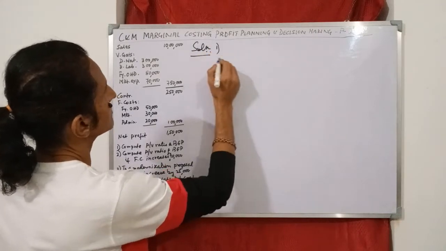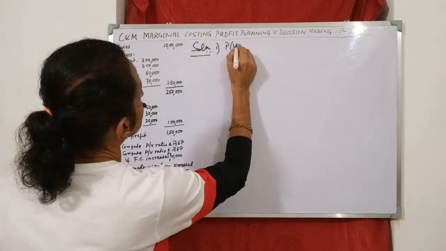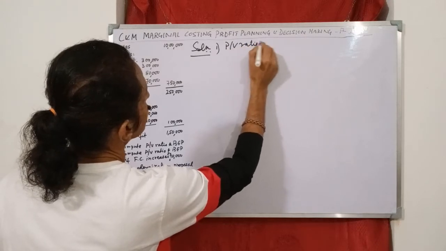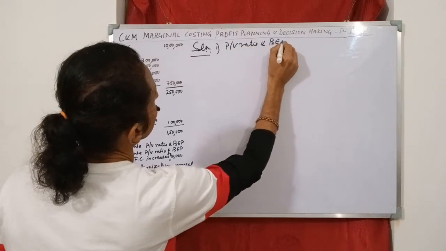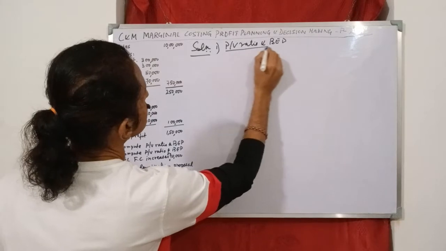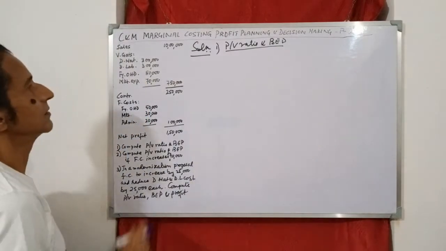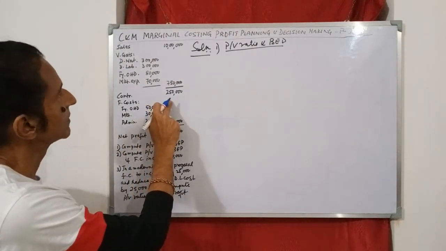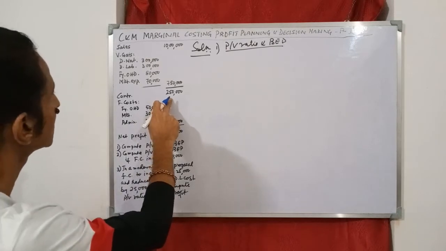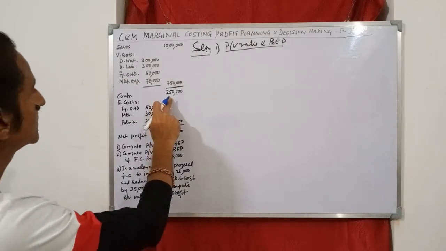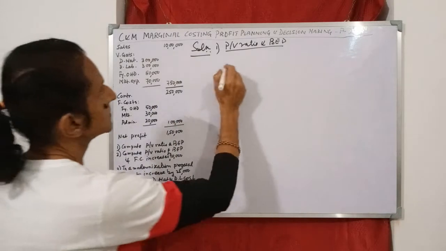Solution number 1, PV ratio. Contribution you can directly find out from the given problem is 250,000.